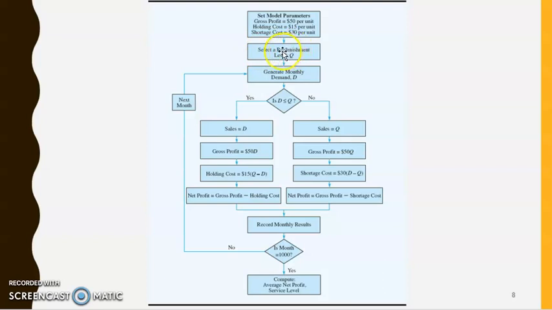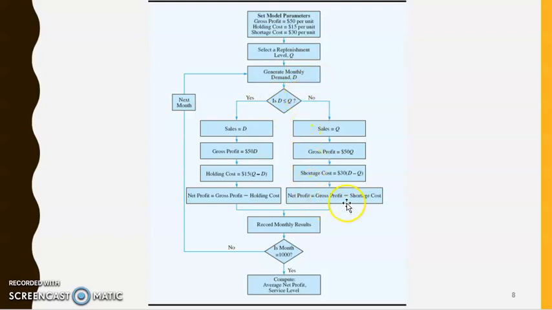Now you have your replenishment level Q, and after that you start doing the simulation. Generate the monthly demand. Check if D is smaller or equal to Q or not. If yes, you calculate the net profit according to the previous slides that we discussed together. When D is smaller than Q, there would be holding cost because Q is greater than D. Otherwise, if D is greater, there would be shortage cost.